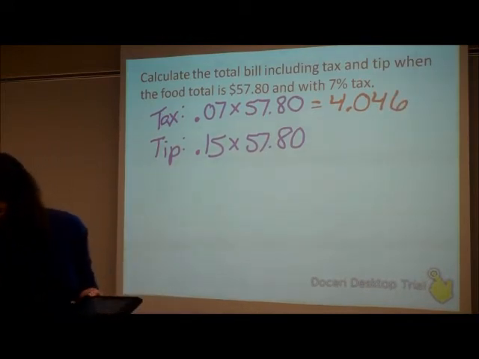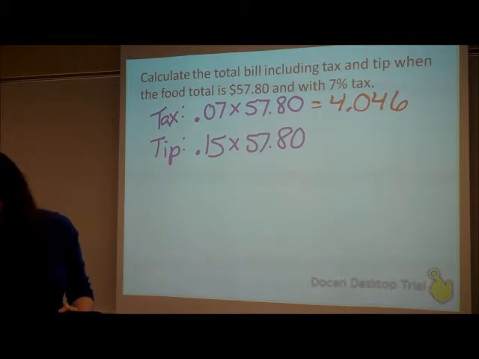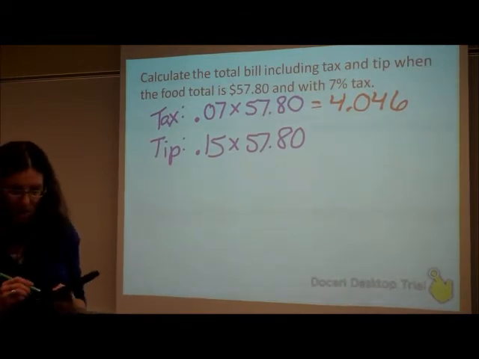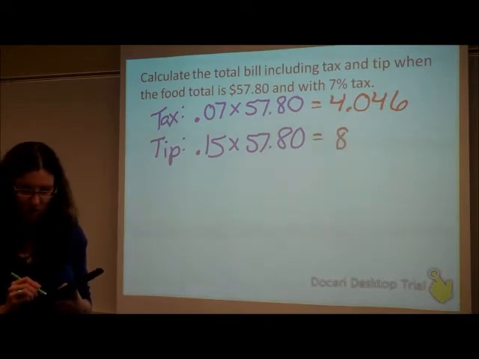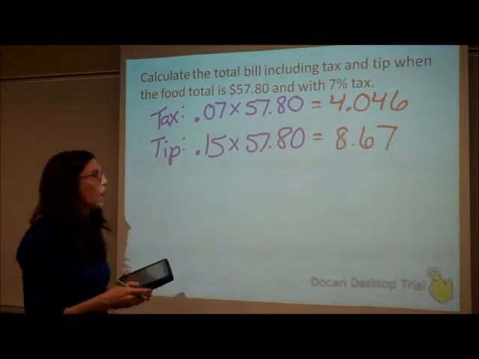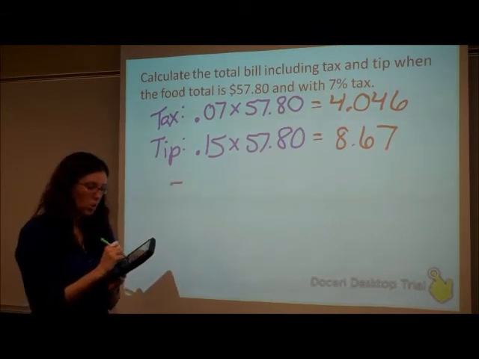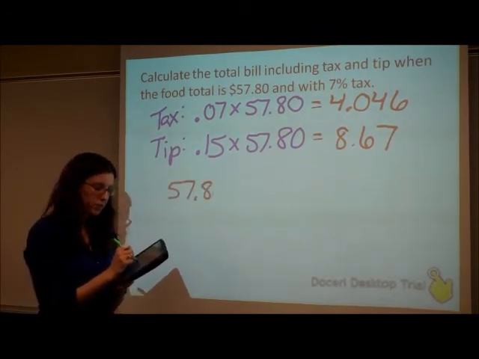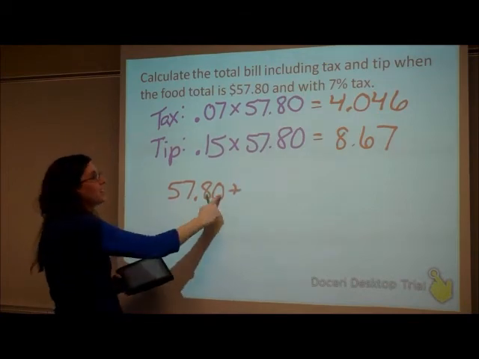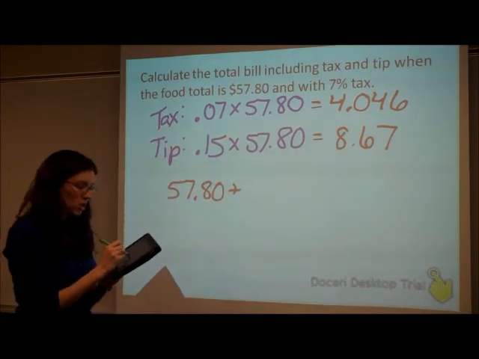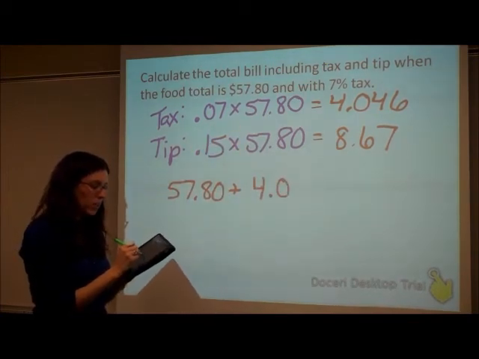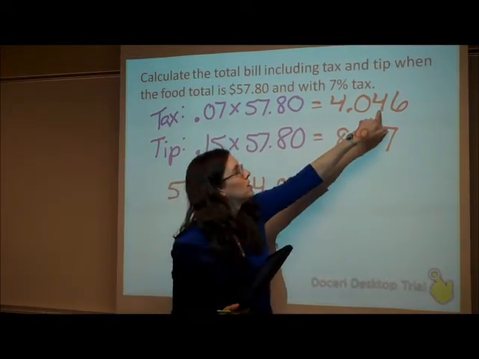The tip will be 0.15 times 57.80, which is $8.67. So the total food bill, or the total bill, will be what I'm paying for the food, plus the tax amount. So rounding that will give me $4.05.